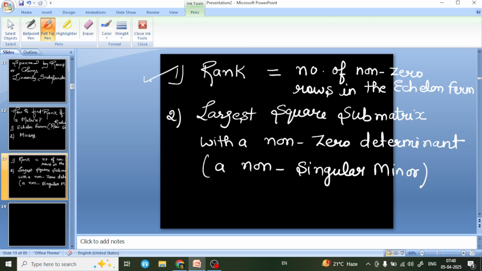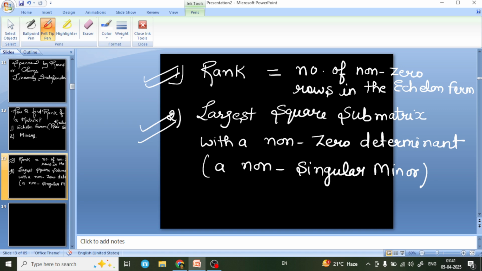You have to keep in mind how to find the rank of a matrix. First we use the echelon form method, second the minor method. In the echelon form method, the rank will be equal to the number of non-zero rows in the echelon form. In the minor method, we find the rank from the largest square submatrix with a non-zero determinant, that is, a non-singular minor.